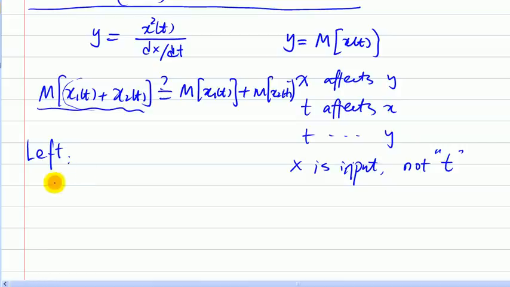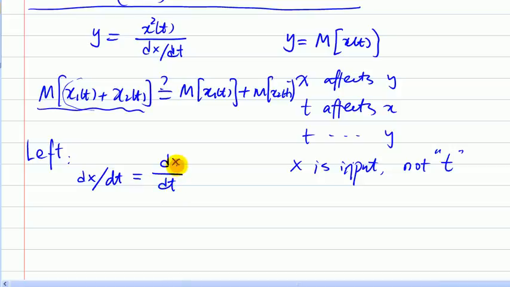So in other words, what you need to do is find everywhere that you can find the x and replace that x with the new input x1 of t plus x2 of t. The mistake that I can see people making is on the denominator here, this dx over dt.